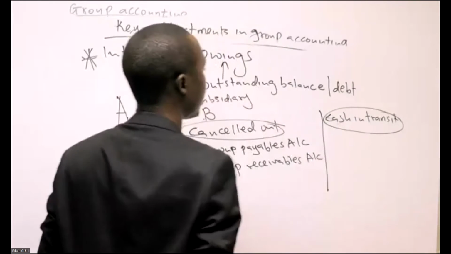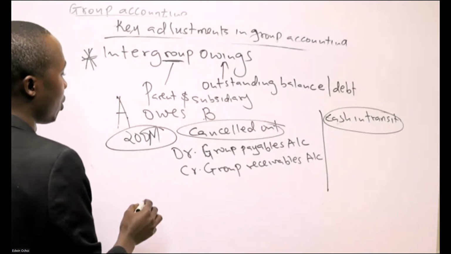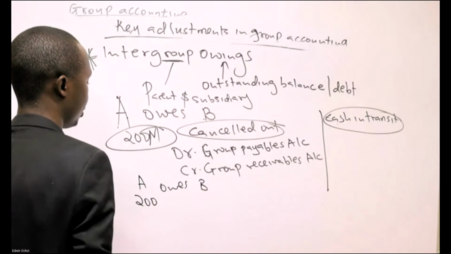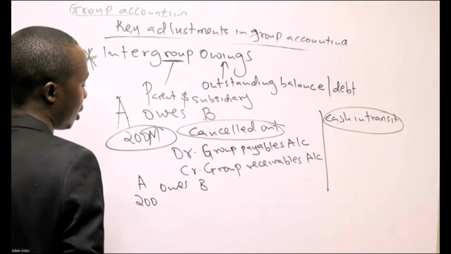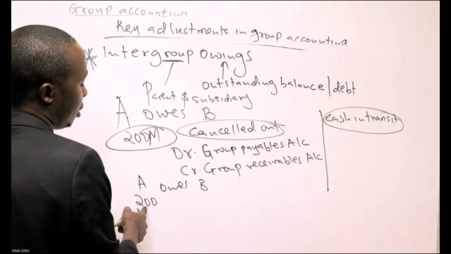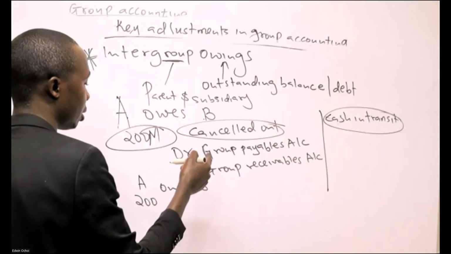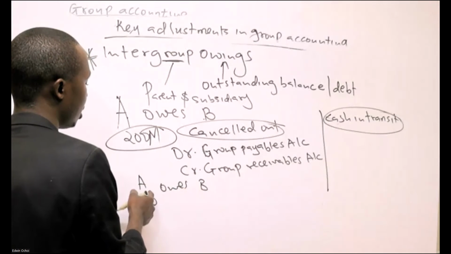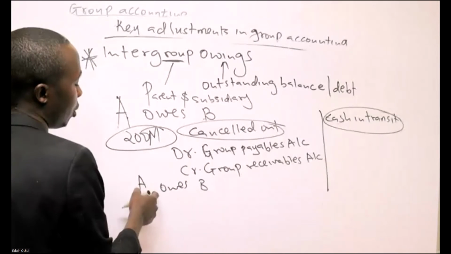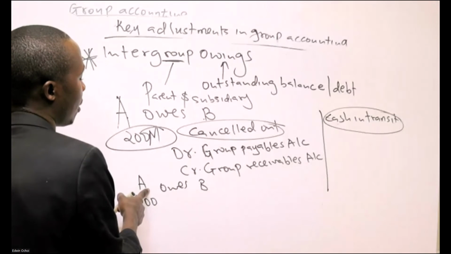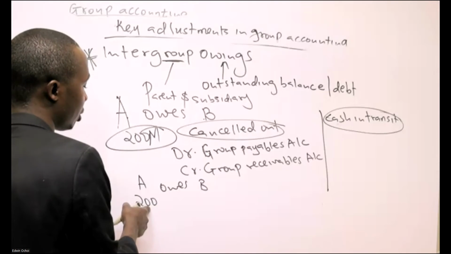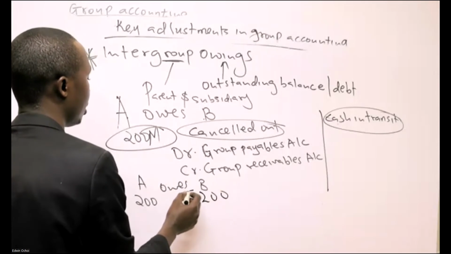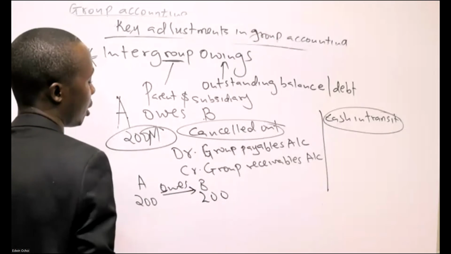Because you will find, for example, if you were told that A owes B 200, in the books of A, A is the one who's supposed to pay B. But in the books of B, it shows that A is supposed to pay 200.